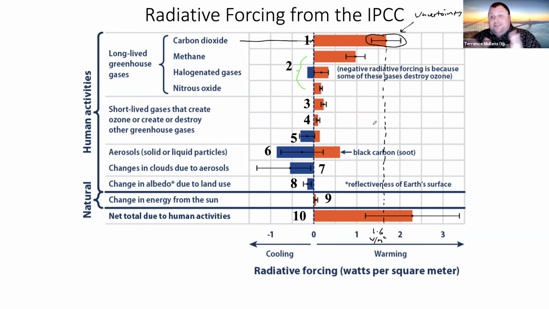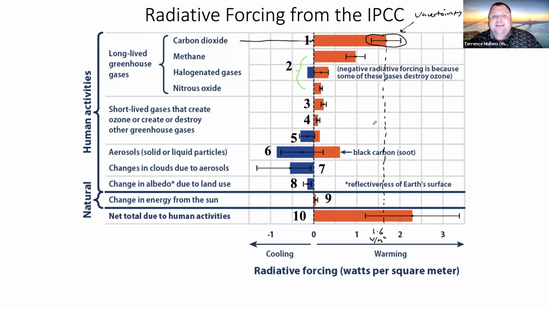And for those of you who are statistics nerds out there, uncertainty is basically given at a 95% confidence level. Here's what this means. The calculated number that we came up with was 1.6 watts per meter squared.